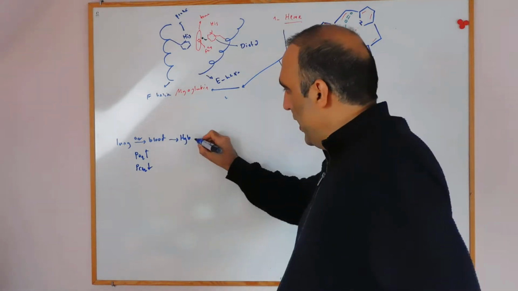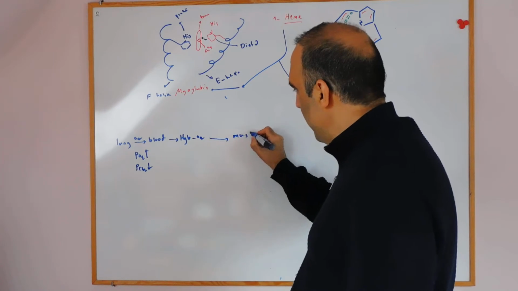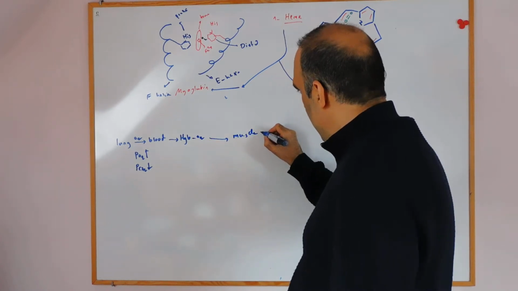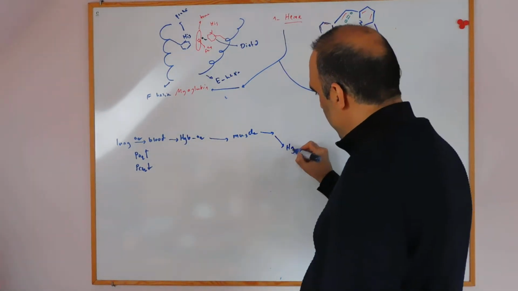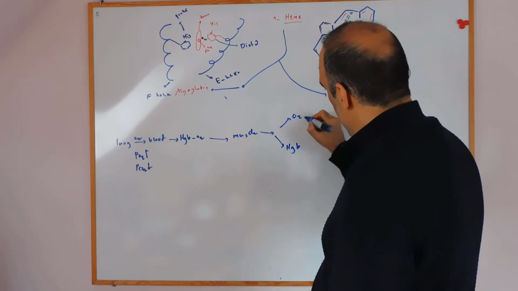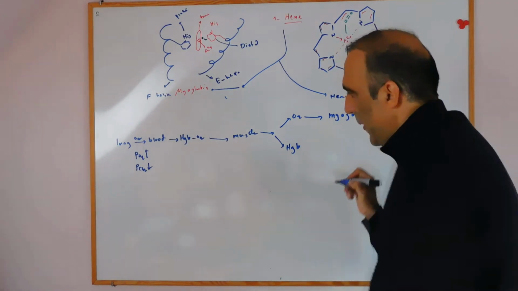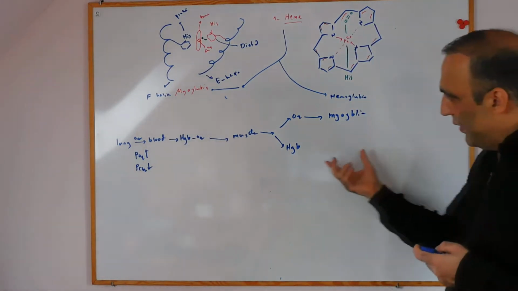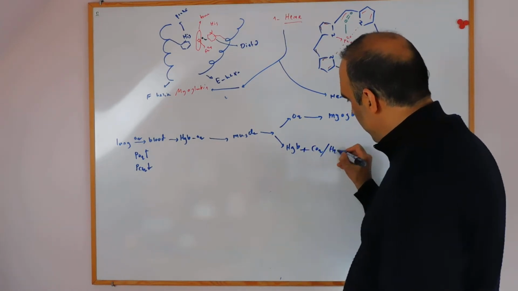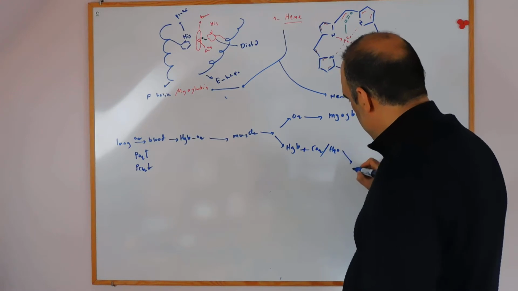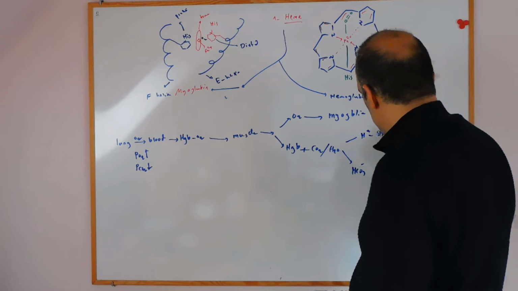Bohr effect. Hemoglobin binds to the oxygen and goes to the tissue, for example, the muscle. Okay, hemoglobin loses oxygen, and it becomes deoxyhemoglobin and oxygen. Oxygen goes and binds to the myoglobin. Okay, and the hemoglobin can bind to the carbon dioxide with water, which becomes bicarbonate, and hemoglobin with a proton.